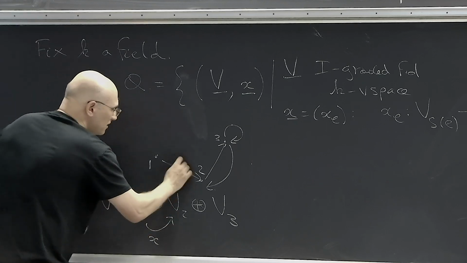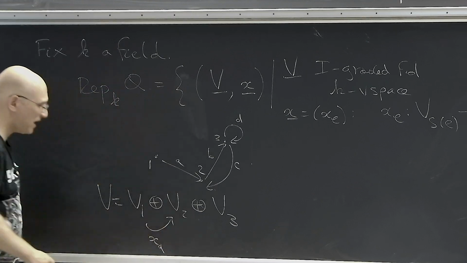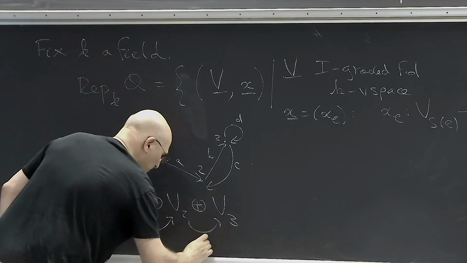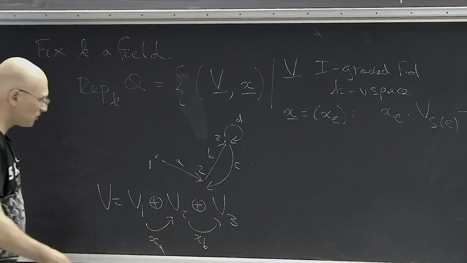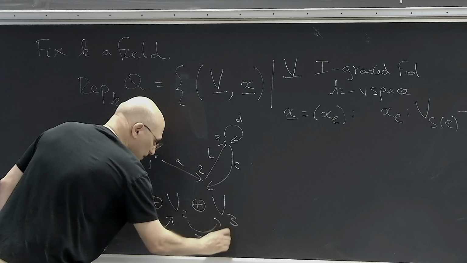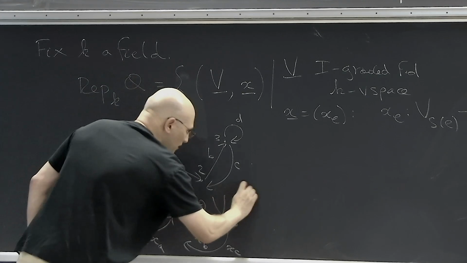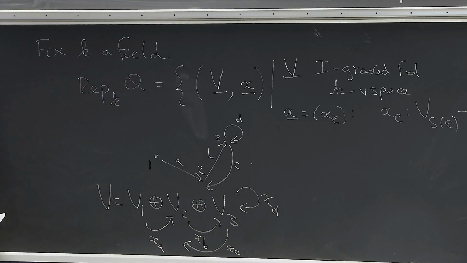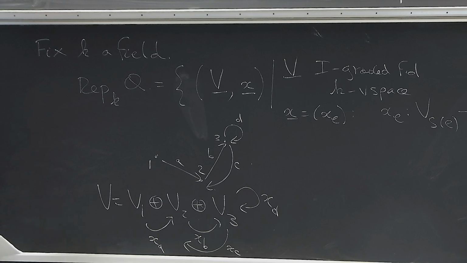Say A, B, C, D. So A goes from V1 to V2, then B goes from V2 to V3. Then I also have a map going like that, and finally, I also have an arrow like that. And this forms an abelian category because this is just representations of a certain algebra, the path algebra.